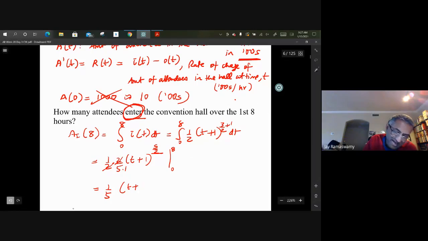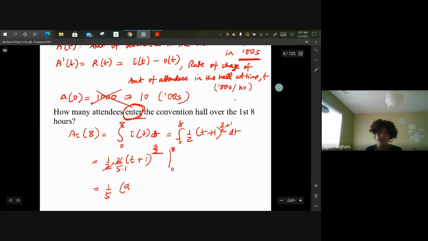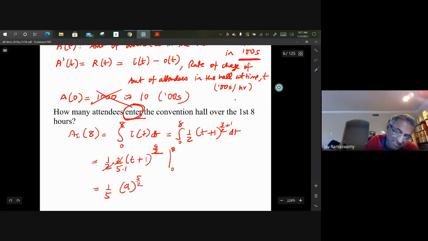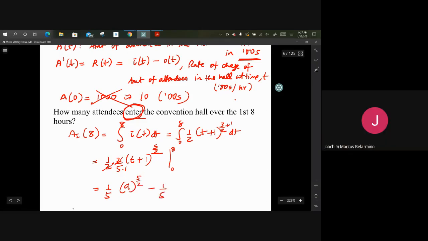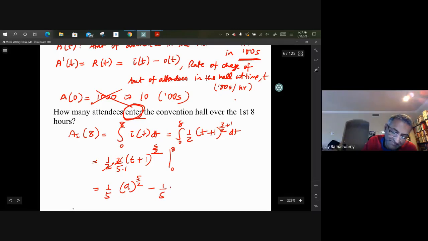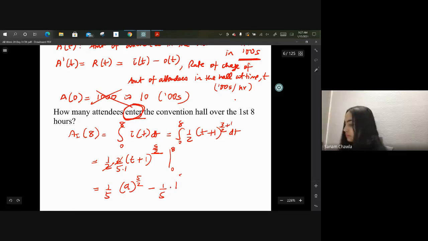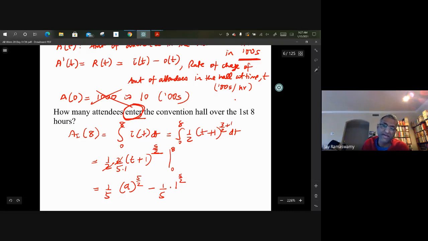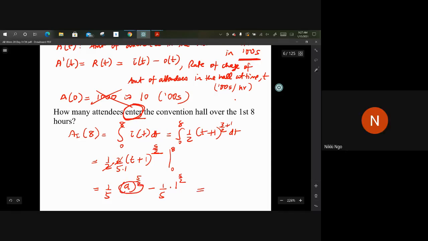Actually, let's accelerate. What's 8 plus 1? 9. 9 to the power of 5 halves, minus 1/5 times 0 plus 1, which is 1, to the power of 5 halves. Now this can be done by hand. Don't freak out. What's the square root of 9? 3.